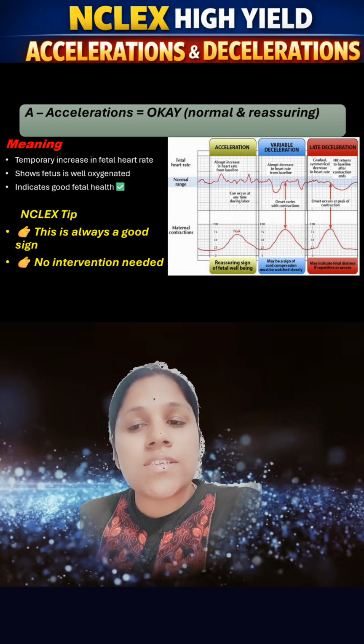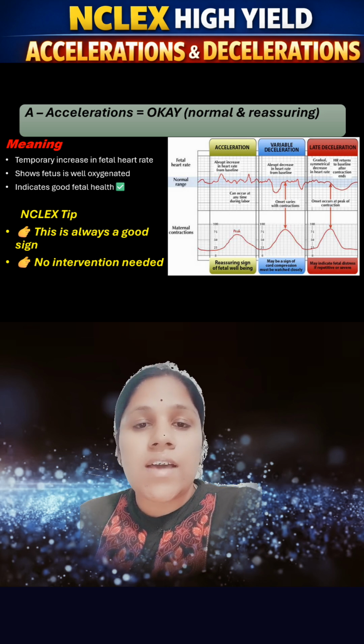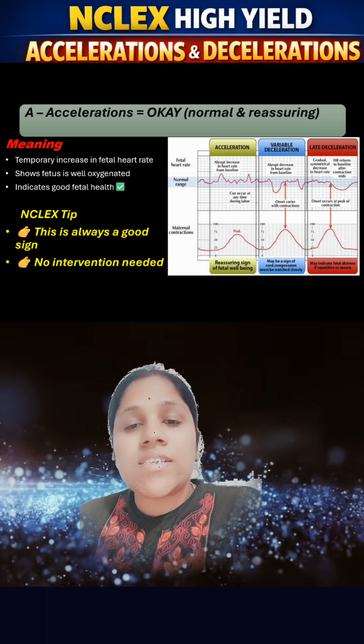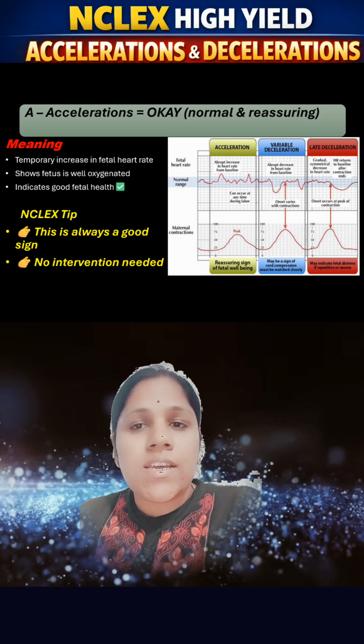Here, for the NCLEX strip, this is always a good sign and there are no interventions needed. You can see in the picture where the acceleration is the reassuring sign. It goes up with the contraction, and once the contraction settles, the heart rate returns to normal. So this is the normal range.